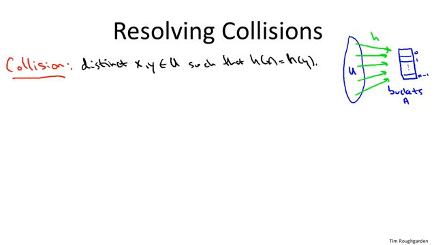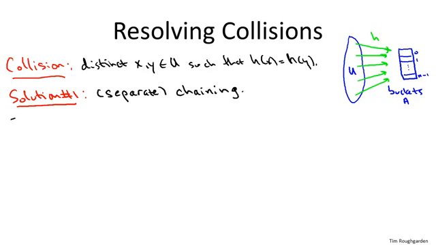Well, there are 2 different solutions, which are both quite prevalent in practice. Solution number 1 is called chaining, or sometimes you'll also see it called separate chaining. This is a very natural solution. It's also the one that's relatively easy to analyze mathematically. What you do is, for elements that hash to the same bucket, you just revert to the list-based solution that we talked about in a previous slide.